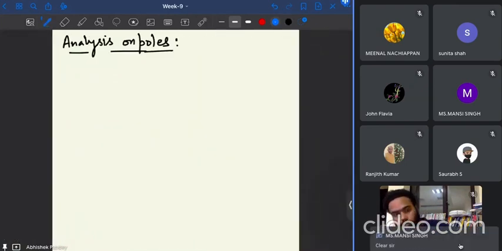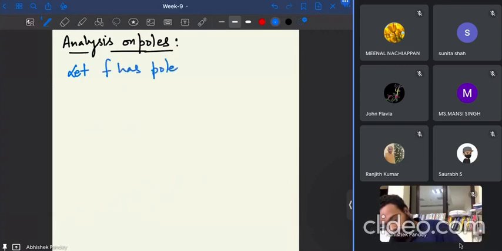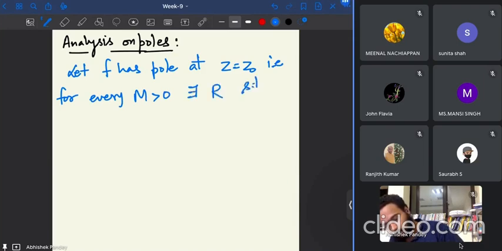Let f have a pole at z equals z naught. What does it mean? That is, for every M positive, there exists some r such that mod of f(z) is greater than or equal to M whenever mod of z minus z naught is less than r.